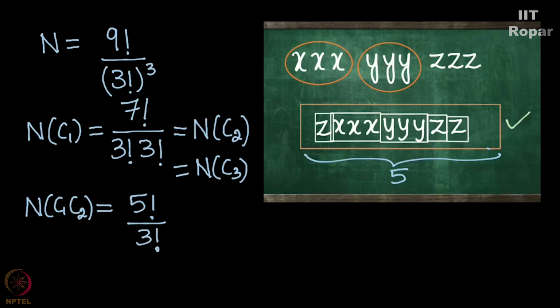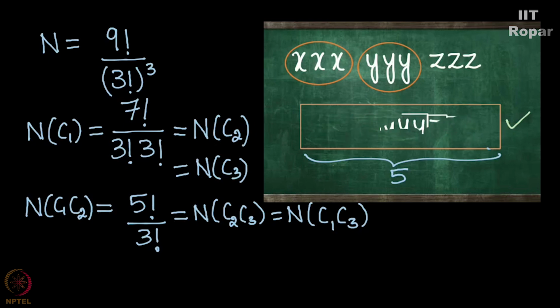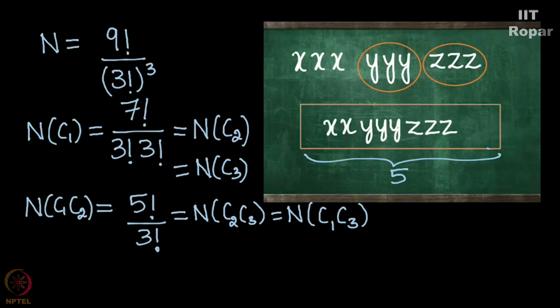Now n of C2 C3 and n of C1 C3 will be on the same lines. What is n of C2 C3? n of C2 C3 will be those arrangements where YYY and ZZZ will appear. It's going to be something like this: xx, y, z, z, and then x, or x, y, x, z, and another x.